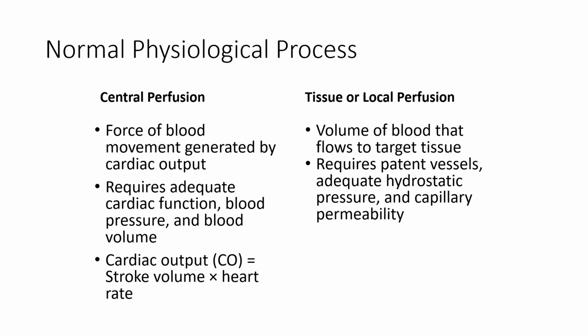So central perfusion is dependent on preload. You may remember that if you've had that in anatomy. Preload is the amount of blood that's left in the ventricles at the end of diastole. At diastole, that is when the heart is at rest and the ventricles are filling. Diastole is also the term we use for the bottom number of your blood pressure.